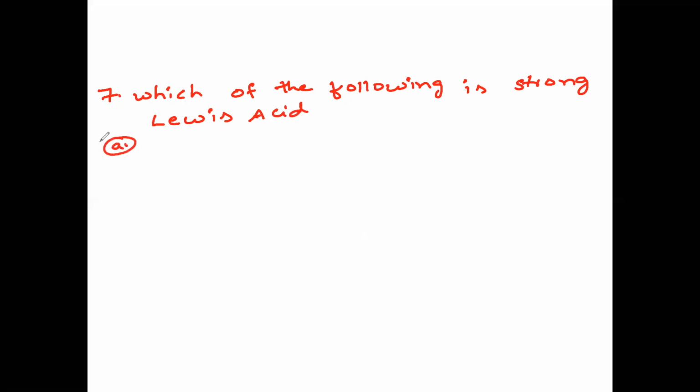Option A, it is K plus. Option B, it is Ca plus 2. Option C, it is Al plus 3. And option D, it is all. So see the question, which of the following is a strong Lewis acid? Now we are going to discuss this answer.